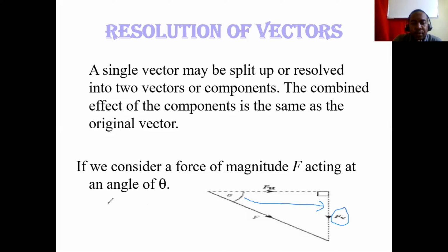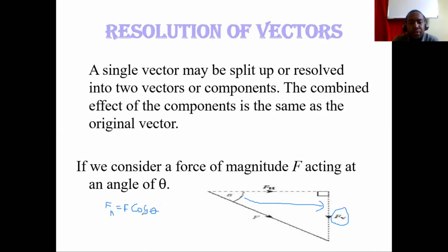So if we need to find the horizontal component FH, and it's adjacent and we have the hypotenuse, then that is cos. So it would be cos of the angle, so your force F times cos theta.